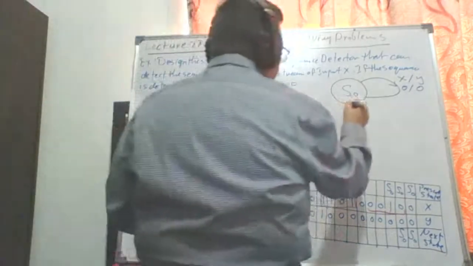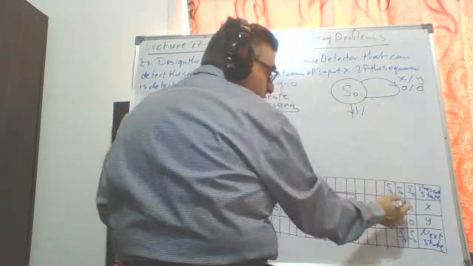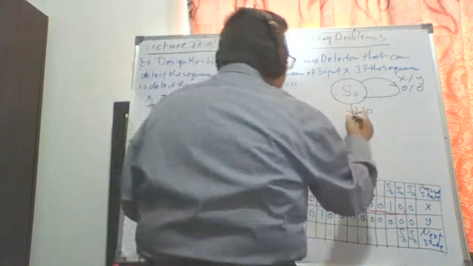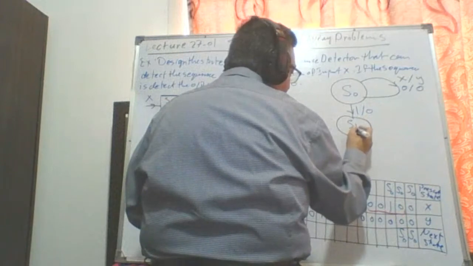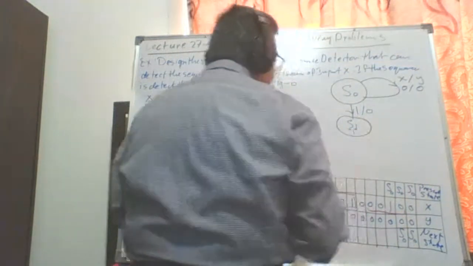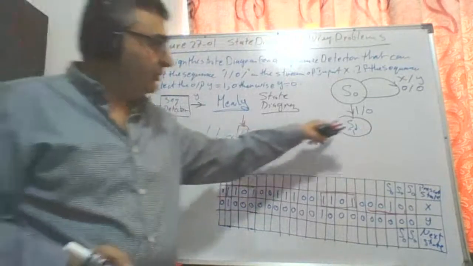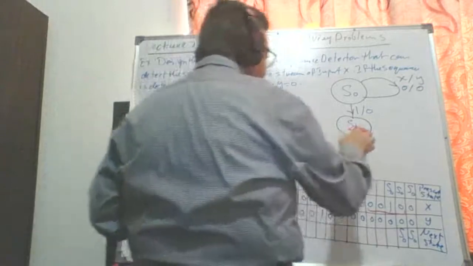So after S0, if x equals 1, y will stay 0, but I have to create a new state called S1. The characteristic of this state is that I'm recalling that I received the first 1 in the sequence.